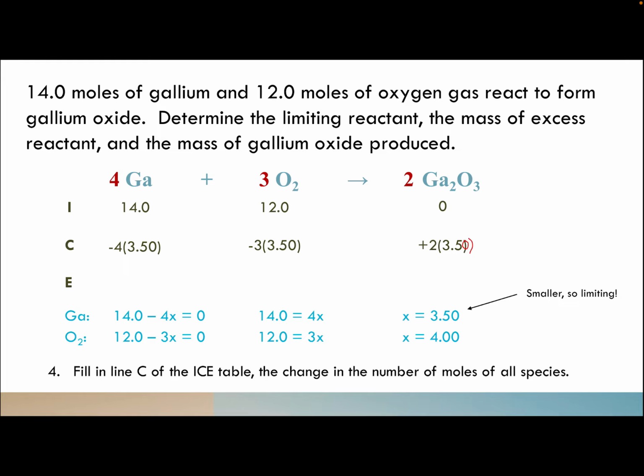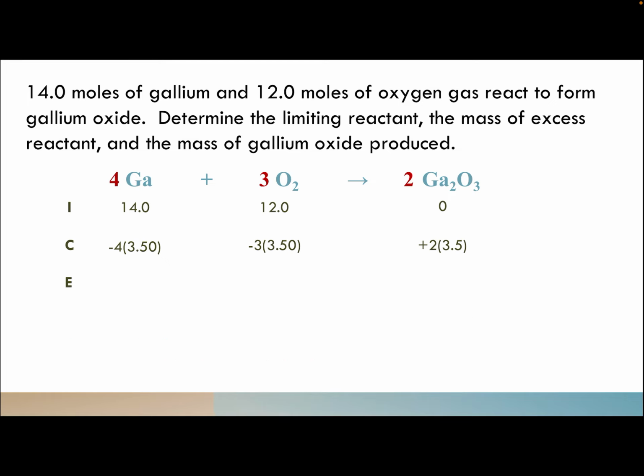But all I did from there to there is fill in those values of x. Okay, when you are doing this on your paper, you can do this however you like. You see I removed all the x's and I filled them in with the values. That's because I normally do this step before I fill in my C line. So I actually don't write all that with x's for stoichiometry. I solve for what x would be first, and then I fill in my C line.